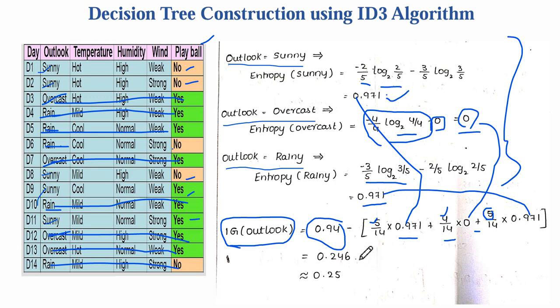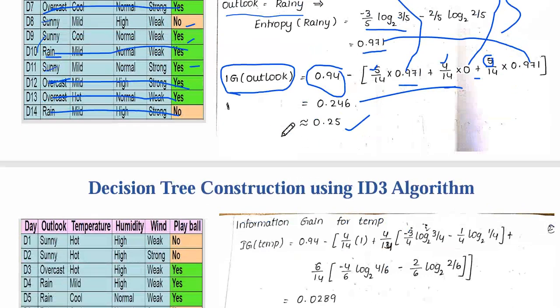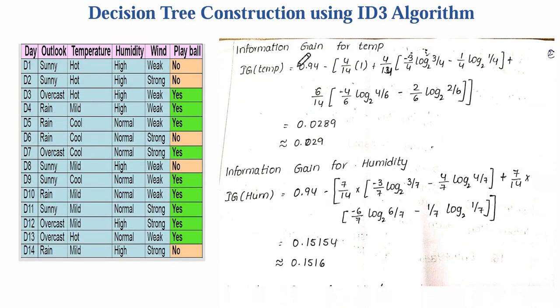Simplifying this, we get 0.246, which is approximately 0.25. Let us remember the information gain of outlook is 0.25. In a similar way, we have to calculate the information gain of temperature, humidity and wind. Next is the information gain for temperature.